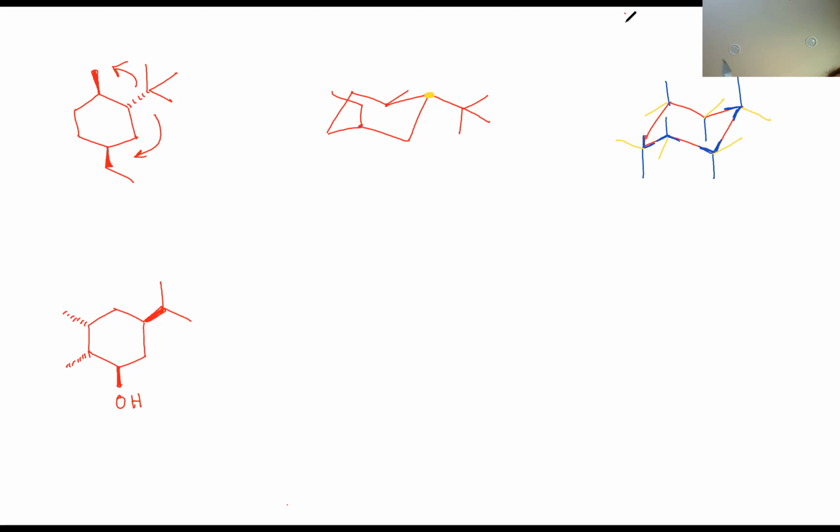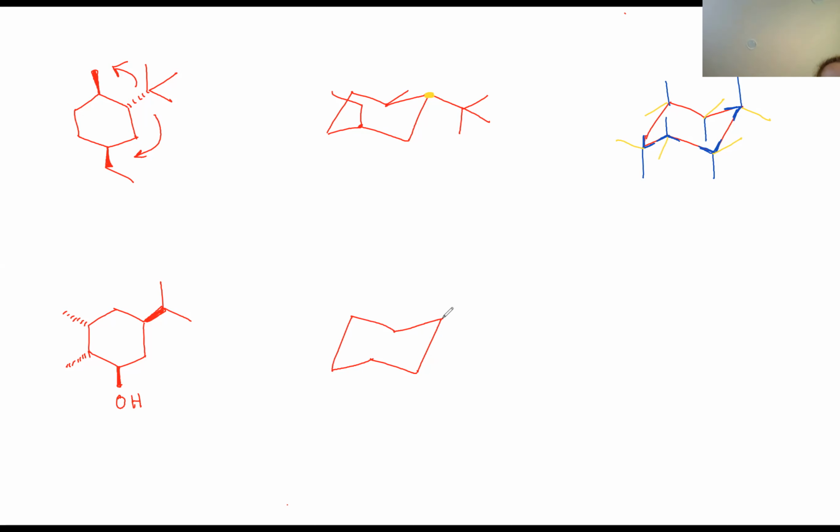Okay. Let's go through this. So what is our biggest group? The isopropyl, right? So we need to put it pointing up, and we also want to put it in the equatorial position.